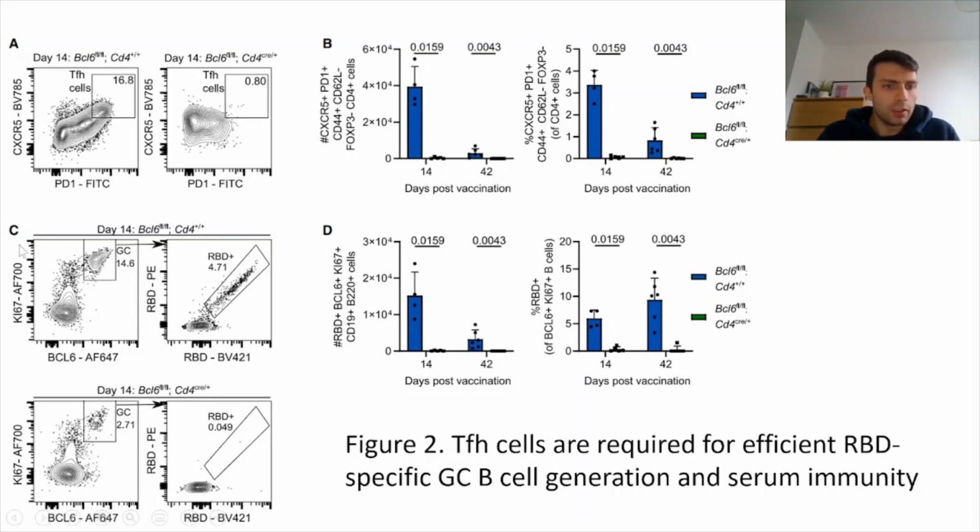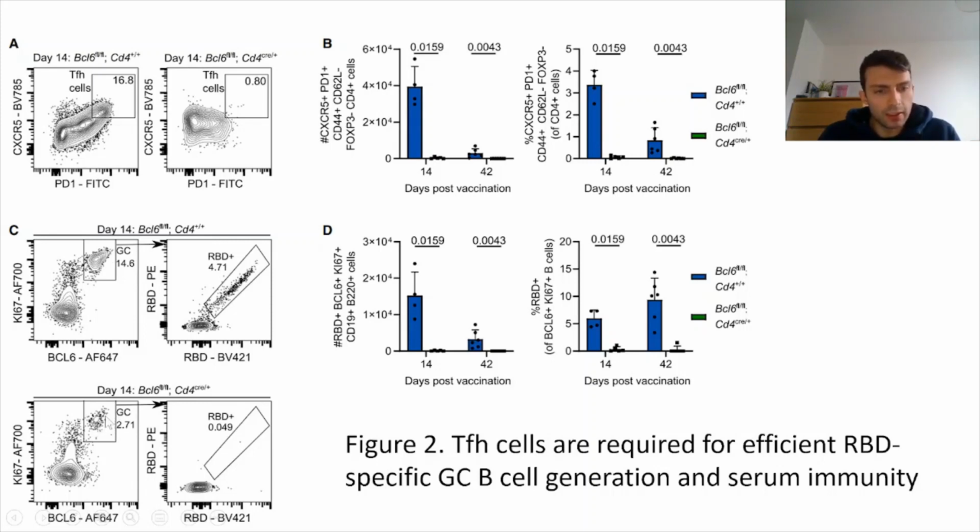Then in C, we looked at the germinal center here on the left, BCL6, Ki-67 expressing B cells, and within this population, we looked at the RBD binding B cells. And here on the bottom are the CD4 Cre animals. What you can see is that the germinal center B cell compartment is heavily reduced, but importantly, there is still a small number of GC B cells left surviving.